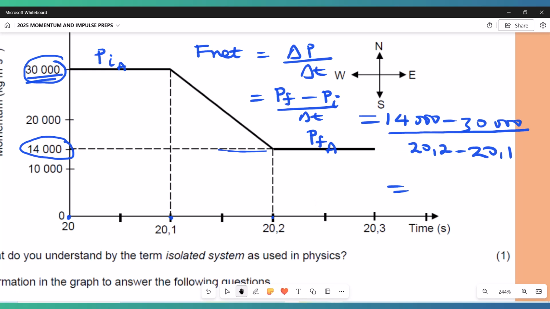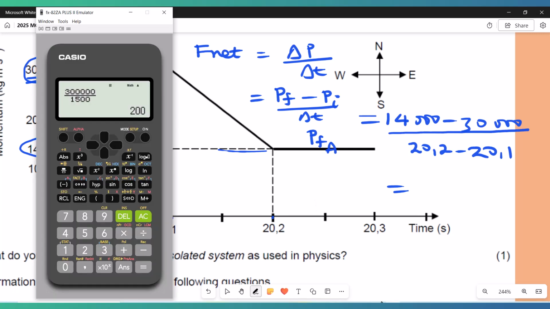Let's check it out, guys. We have 14,000 minus 30,000, divided by 20.2 minus 20.1.